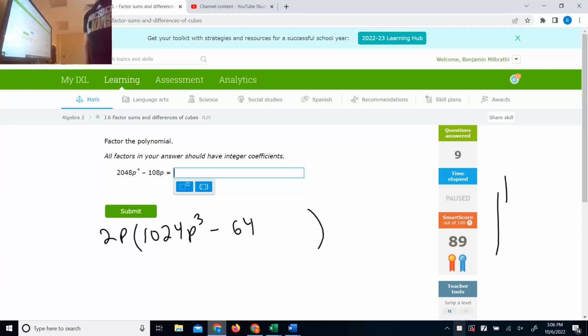I must just be having a moment here. I'm over here pushing buttons. I done forgot what I need to be doing here. So I need to get that to something cubed. Yep, I was having a moment.